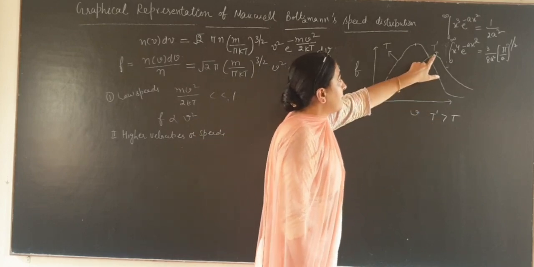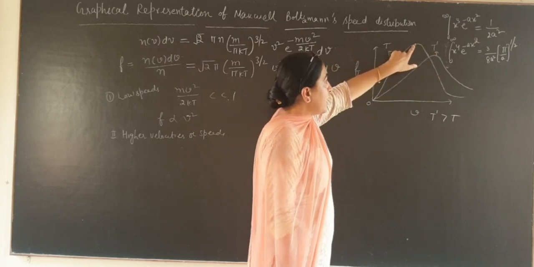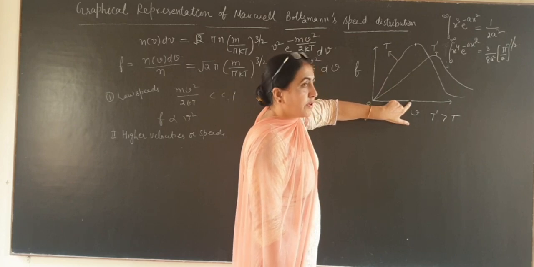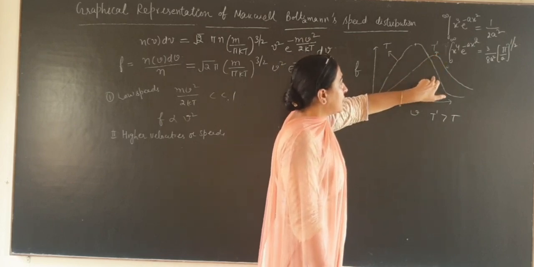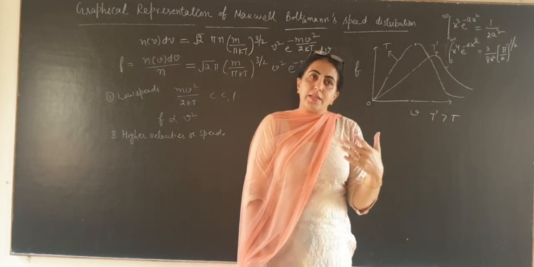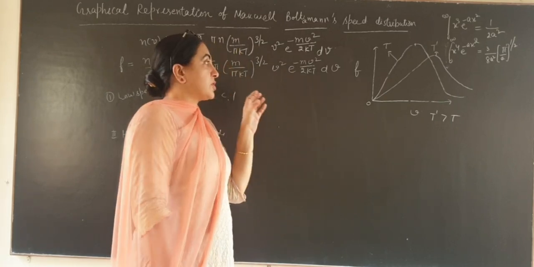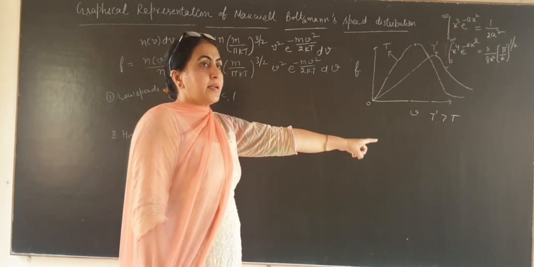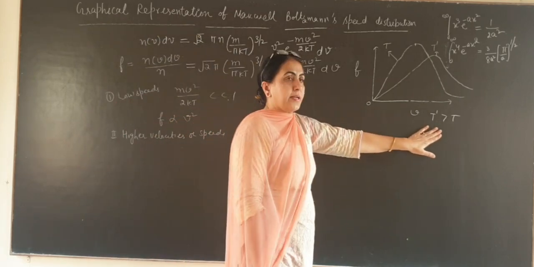This is the maxima of the curve, at this velocity, and when temperature increases, the maxima of the curve shifts towards higher velocities or higher speeds. So this is the difference at higher temperature.